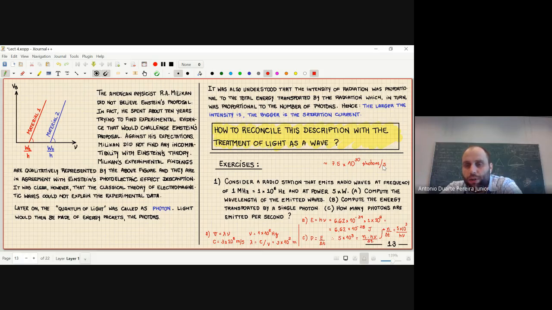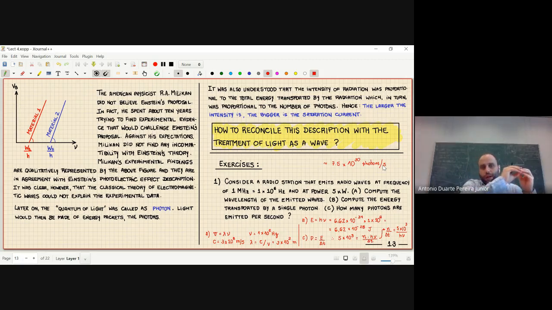Why did you multiply by n? Yeah, so the total energy transported by the radio wave will be the number of photons that are part of the beam times the energy of each photon.